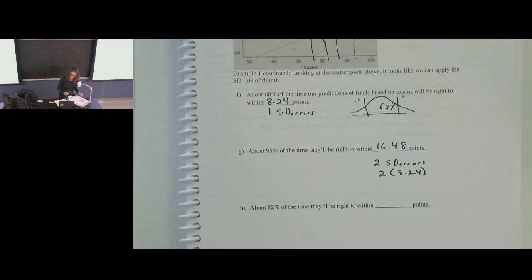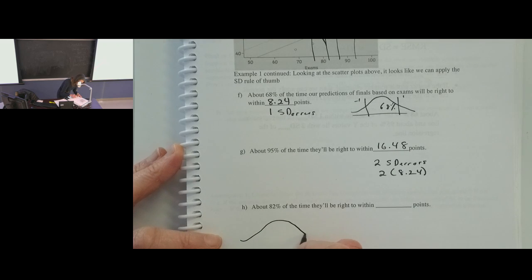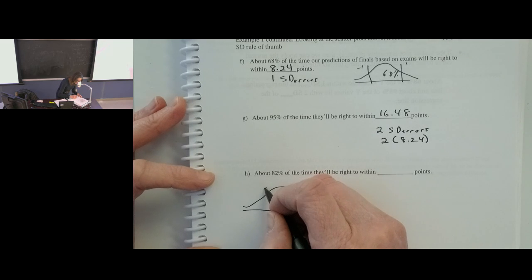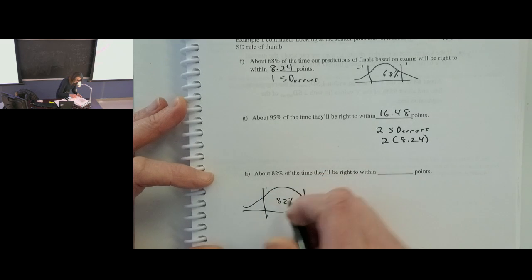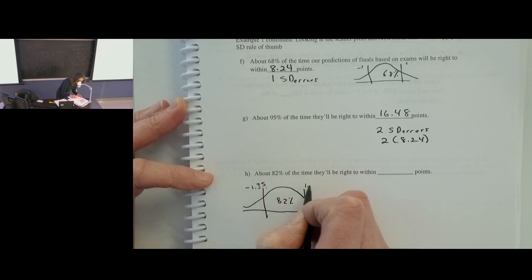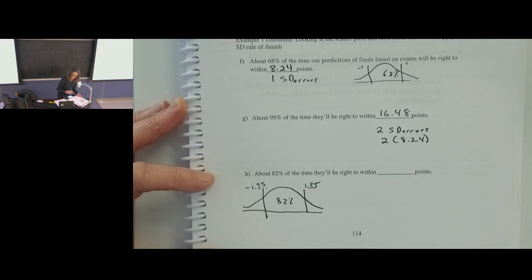So all we're doing here is we want to get this Z star here for 82%. So we looked at the normal table and we just saw between negative 1.35 and positive 1.35 is what we want.